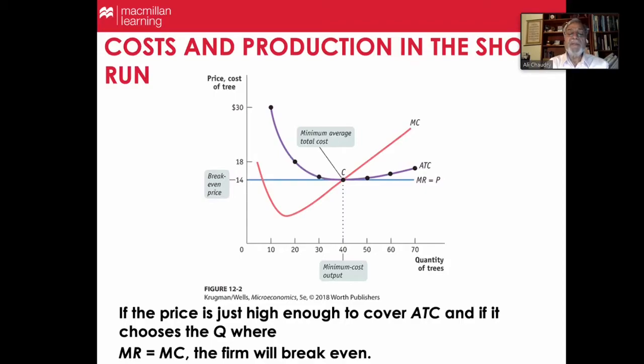Okay, let me repeat the two significant characteristics of these two curves: the relationship between the marginal cost and the average total cost curve. Looking at the range of output, as the level of output increases, these costs will vary. We find two things.